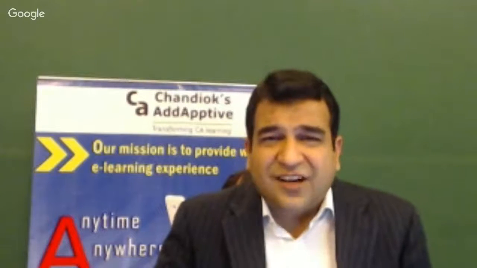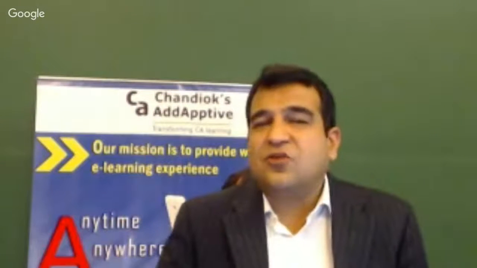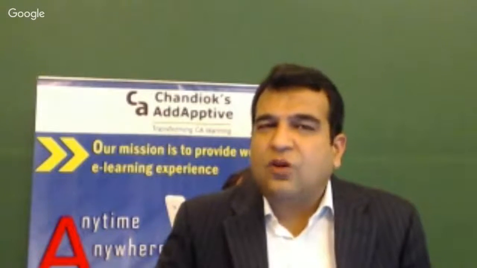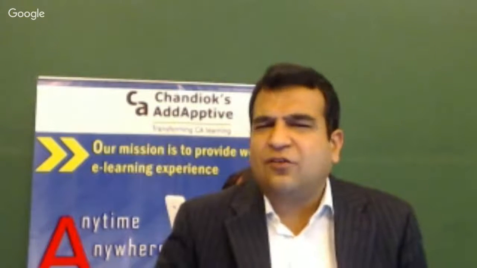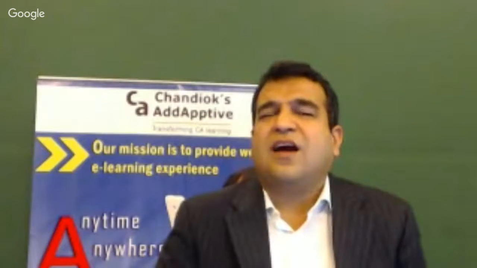So the mantra to attempting the case study is to treat the 4 questions as separate questions, part A, B, C, D. Don't try to read between the lines too much. Don't try to link up much of this question. Just try to first identify the 4 parts. Are there any parts which are straight away questions?